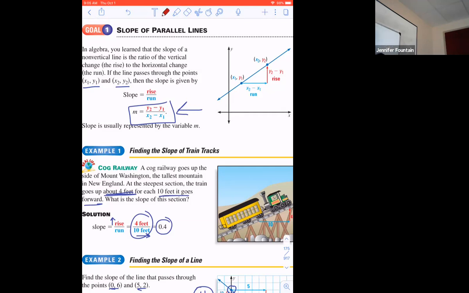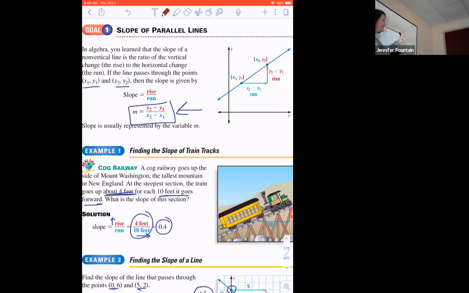We also said that if we have 2 points on a line, then we can use our slope formula: m is equal to y2 minus y1 over x2 minus x1. The most important thing to remember there is that the y's are in the numerator and the x's are in the denominator. It does not matter your number order. It doesn't matter if I choose this one to be point 1 or this one to be point 2.